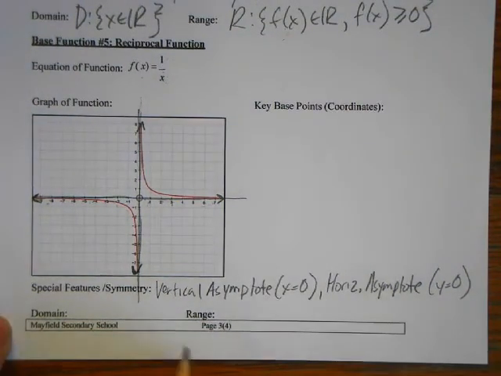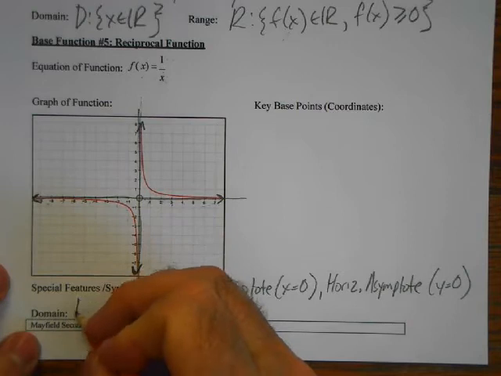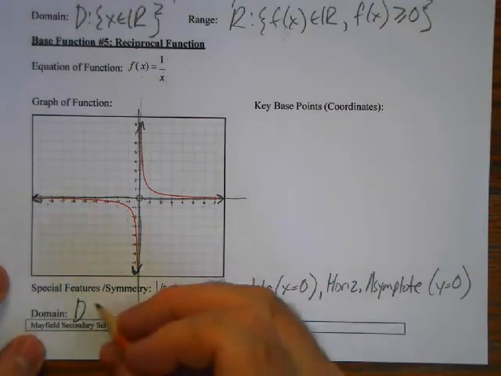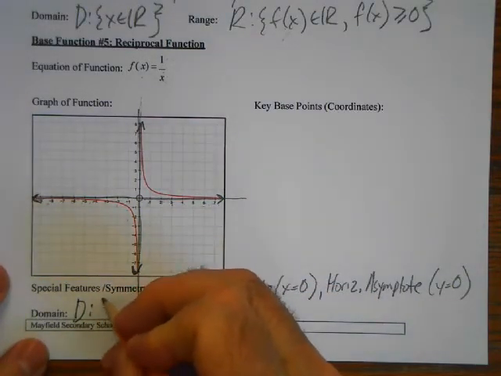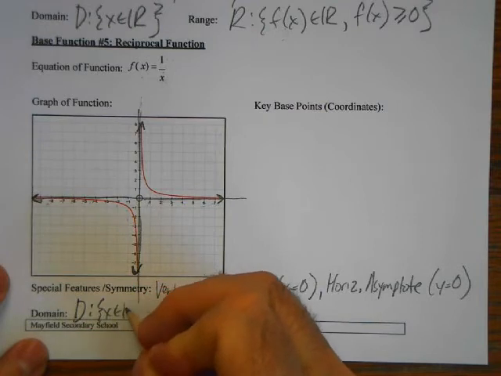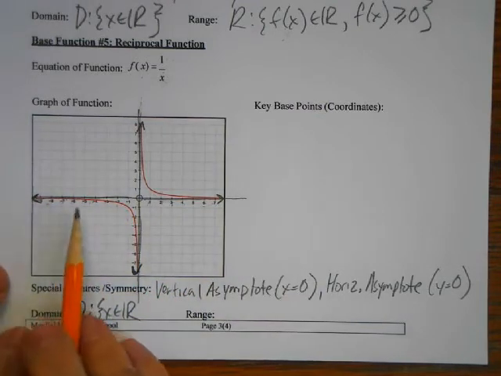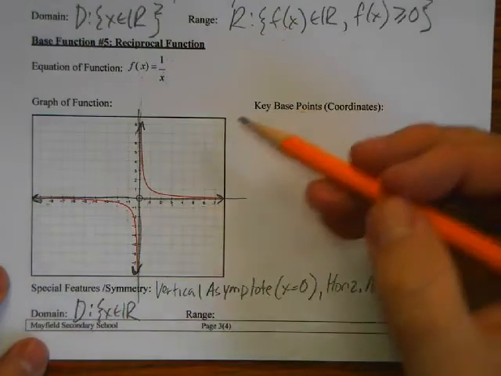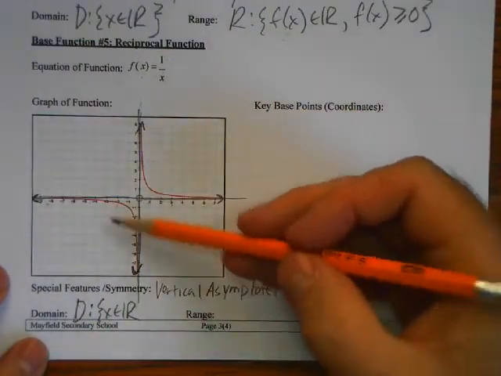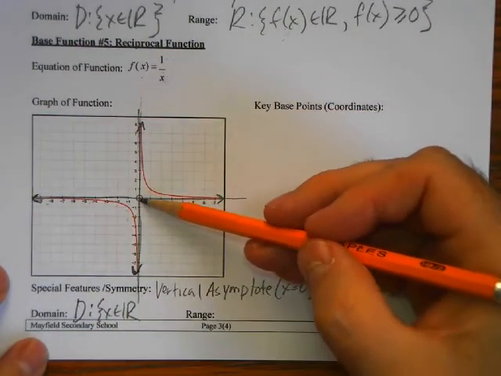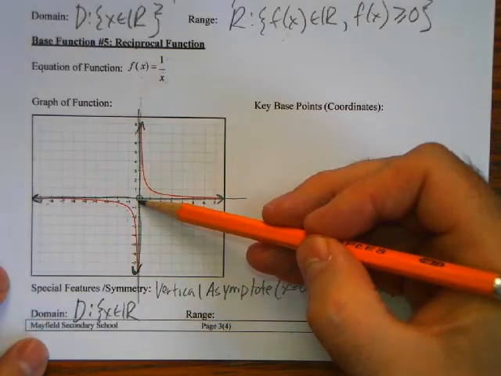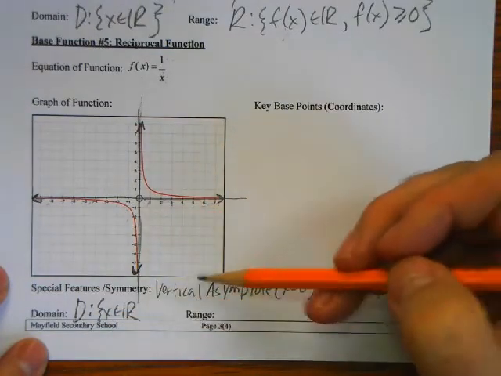Now if we go to the domain of the reciprocal function, we start off by saying x can be any real number. Now for this one, there's only one value of x that this function can't have, and that's x equals 0. So it's a lot easier to say what the domain can't be instead of what it can be.